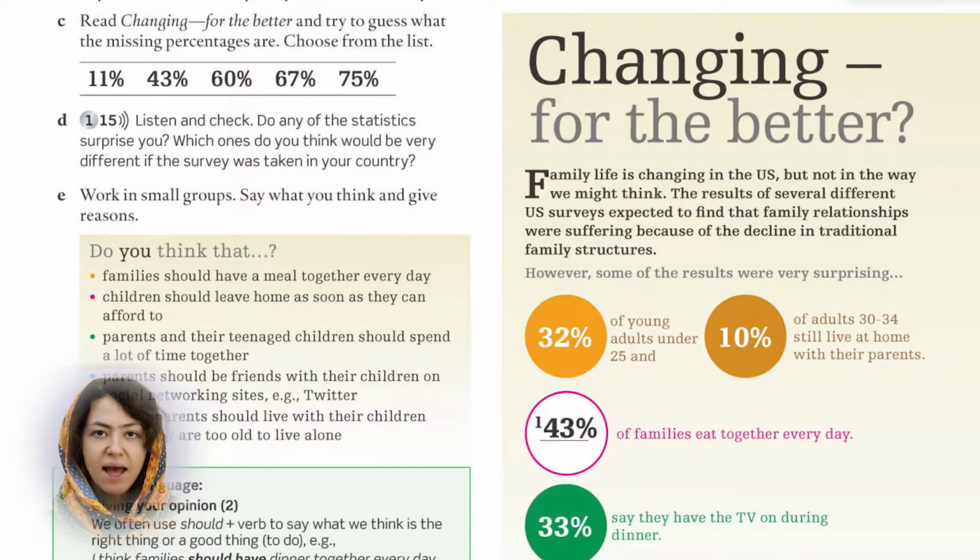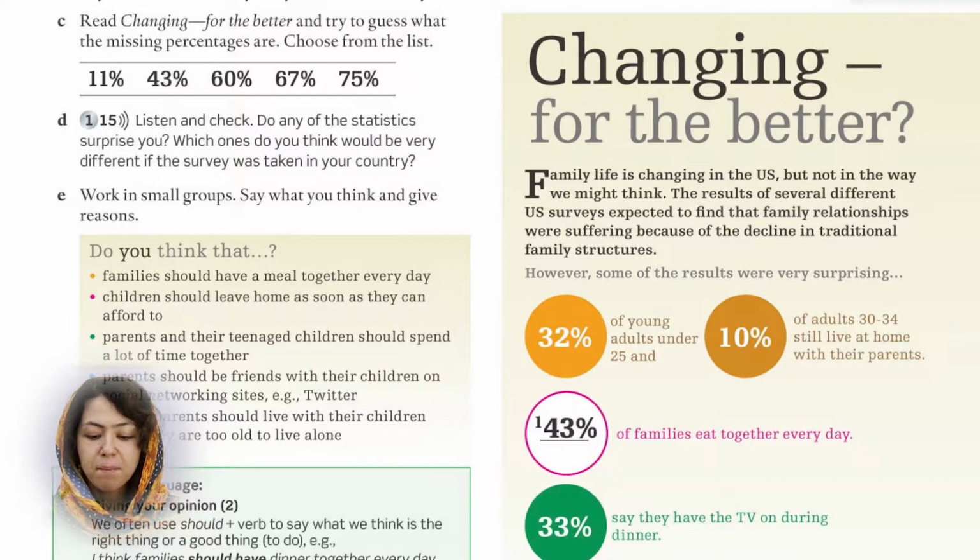Number 1 has been answered, but you're gonna answer this part and put these percentages here. And afterwards, in part D, you can listen and check your answers, whether they are correct or not. It's a kind of text about the family.